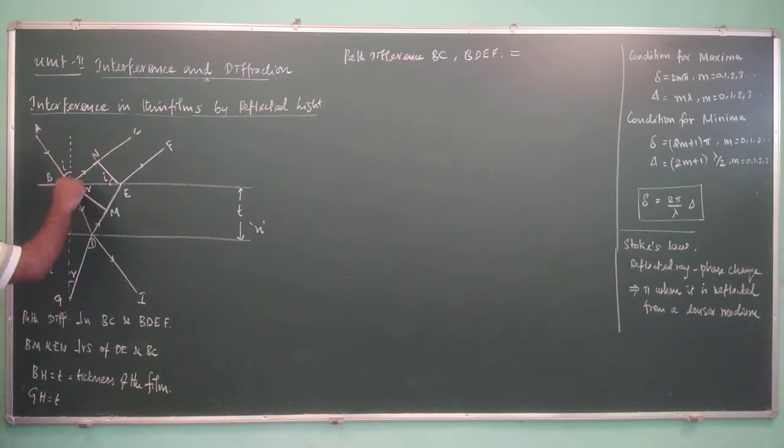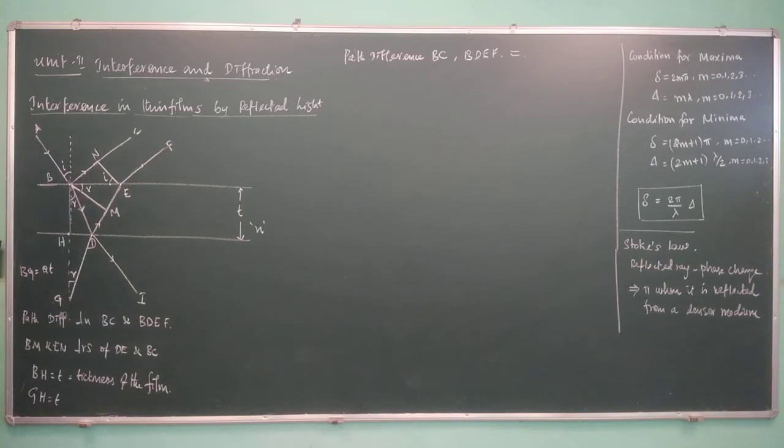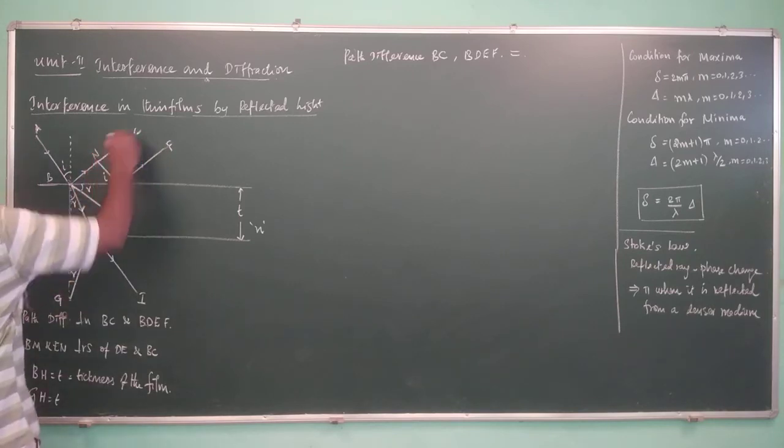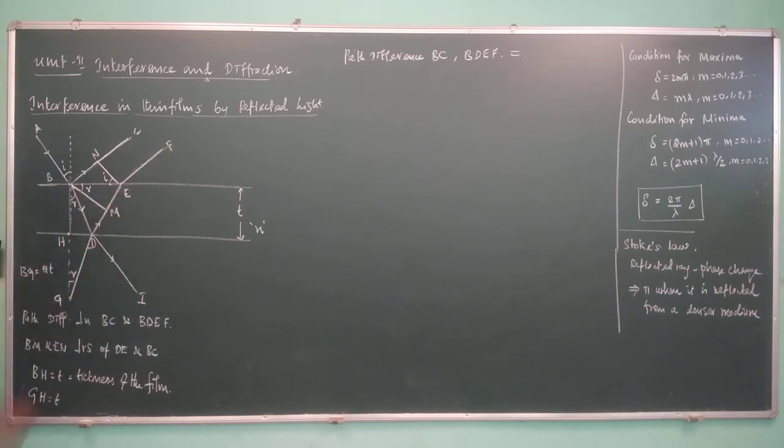An incoming light ray undergoes a reflection, and it also undergoes refraction. This line NC and EF are parallel lines, and this is the point where deviation takes place. One ray travels in this path, another ray travels in this path. So what we have to do is calculate this length and subtract it from that. That will give you the path difference between these two parallel rays.